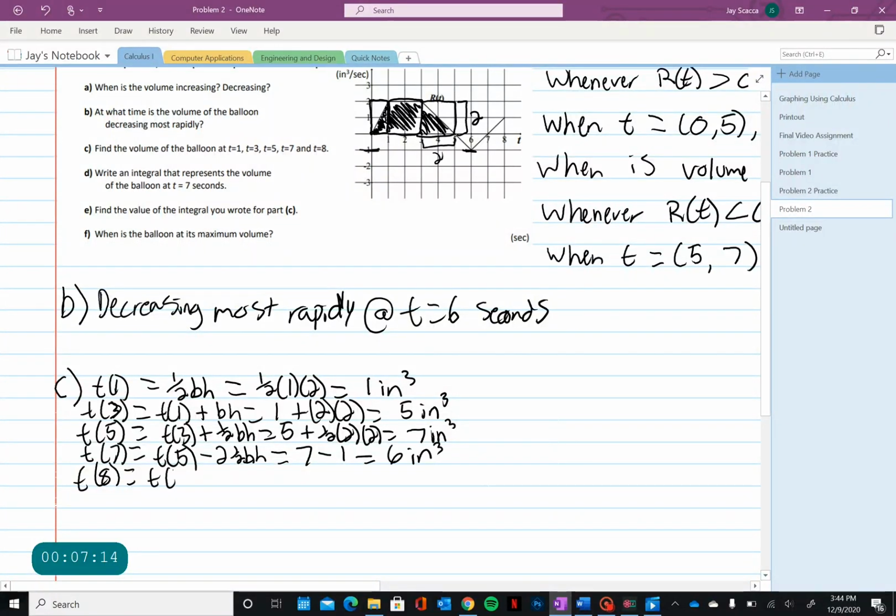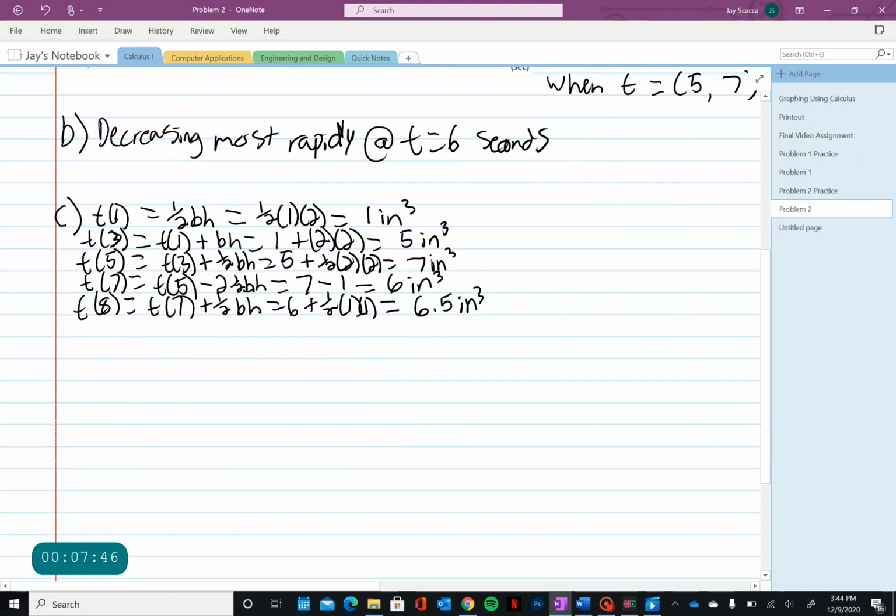And then we take V of 7 for this one, and we add 1/2 base times height over here, and it's 1 by 1, so we get 6 plus 1/2 times 1 times 1, and that just gives us 6.5 inches cubed.